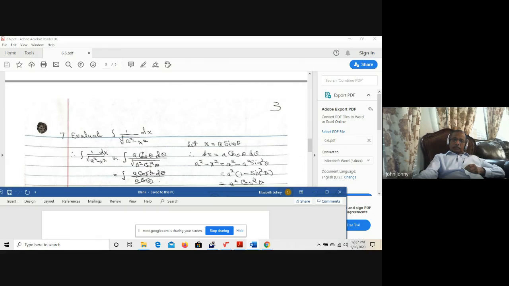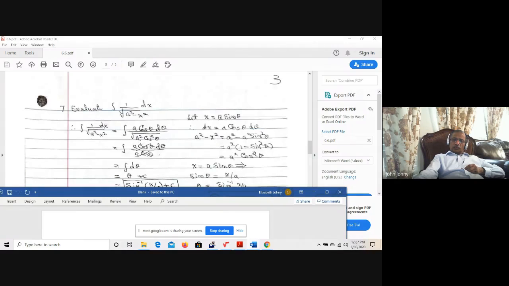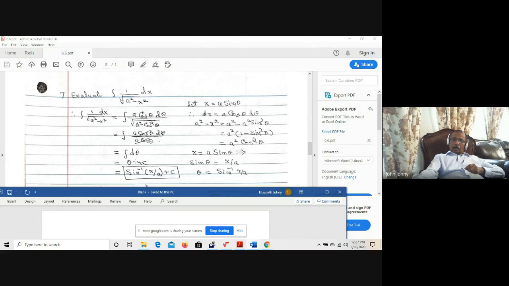So 1 over square root of a square minus x square is 1 over square root of a square cos square theta, and dx is a cos theta d theta. The denominator is a cos theta. A cos theta cancels, so it becomes the integral of d theta, which is theta plus c.